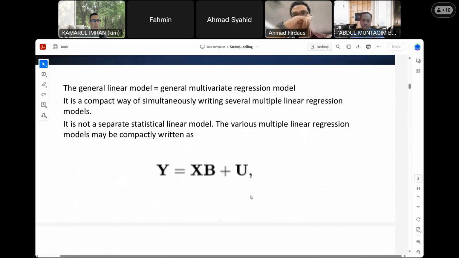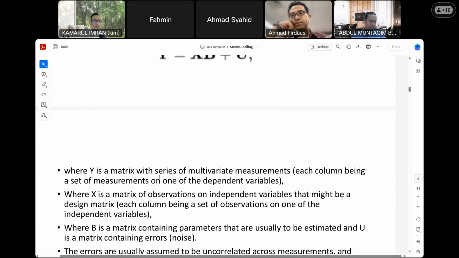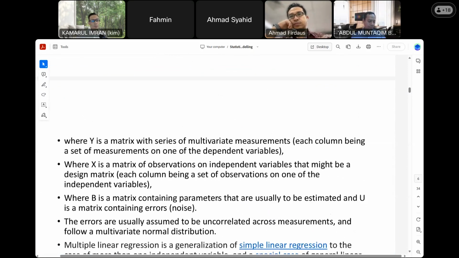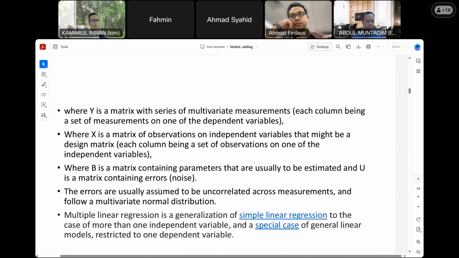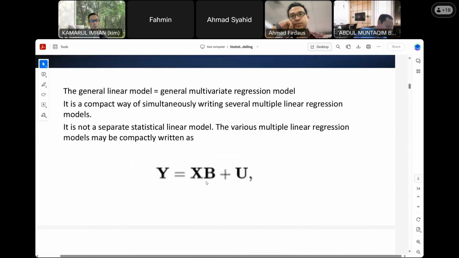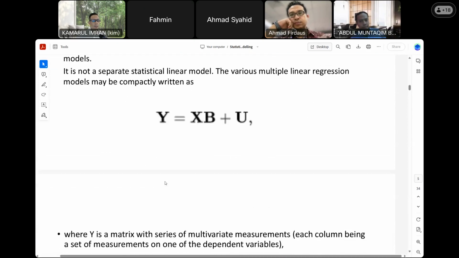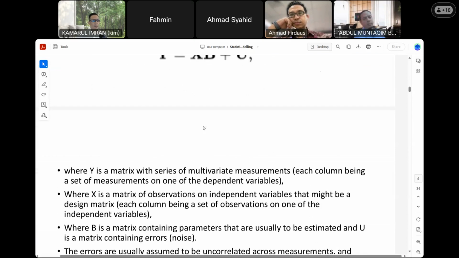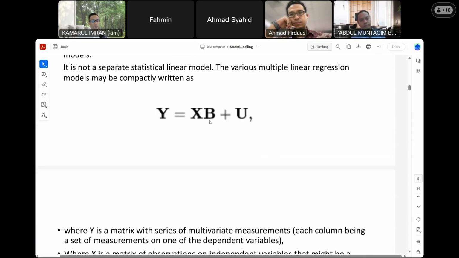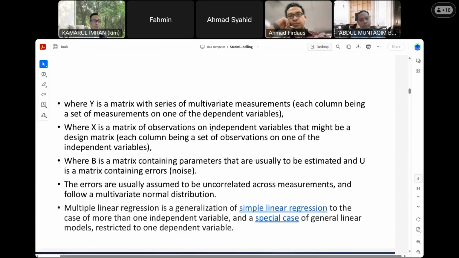So Y is basically a matrix with a series of multivariate measurements. X is a matrix of observations. B is a matrix containing parameters. Tak apalah ni, this one is just theory for why we have this. So this is a matrix or a vector of outcome. X and B are basically a matrix of independent variables plus the estimated parameters.